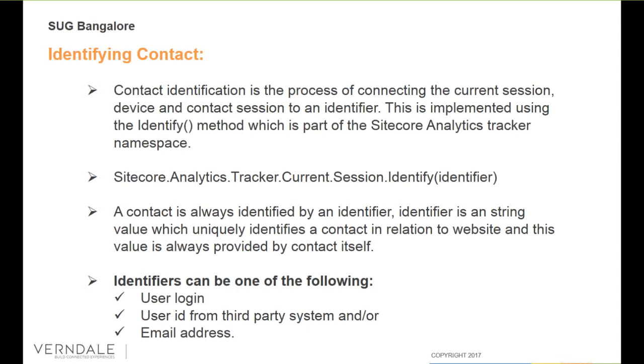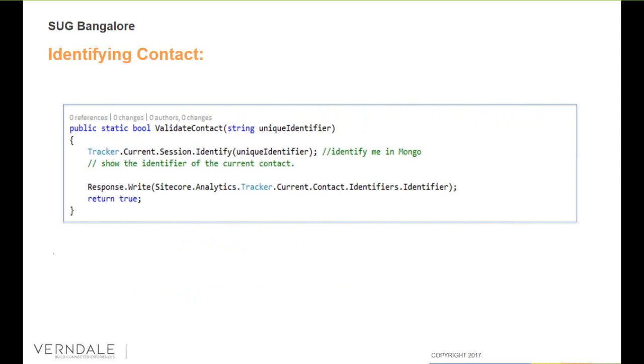So this is just a small snippet of how we can identify a contact in Mongo. It all comes from tracker.current.session.identity and a unique identifier. It can be one of these, like what we discussed. Then if the identity of that contact is identified, meaning it's a valid contact and not an unidentified contact, and you try to access identifiers.identifier, we'll get all the related details from that, right?